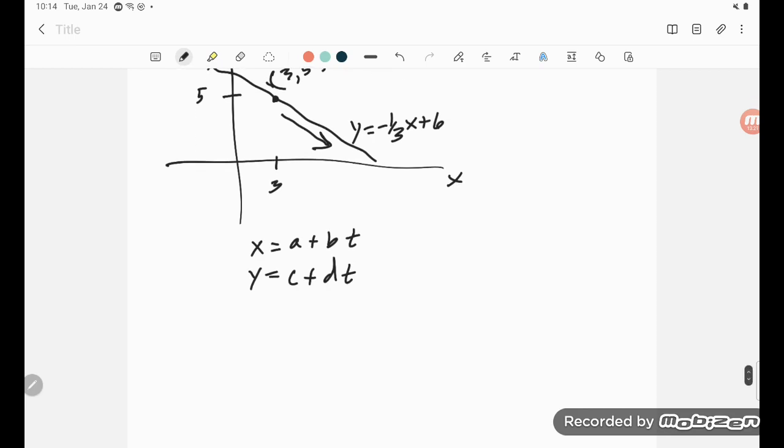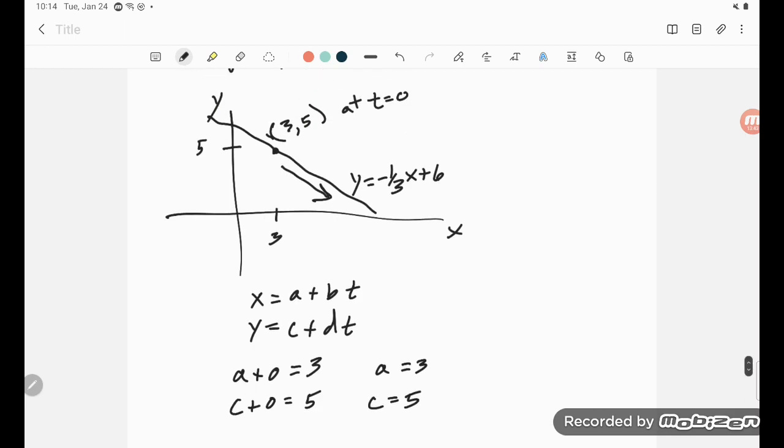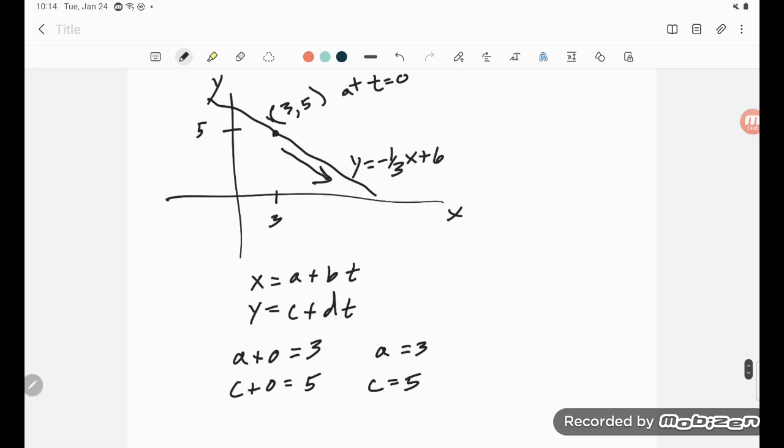And I'm told that a plus b times 0 is equal to 3, because that's the original x position. And c plus 0 is equal to 5, and so I know that a is equal to 3 and c is equal to 5. Okay, so I can get that the same way I got it in the last example.